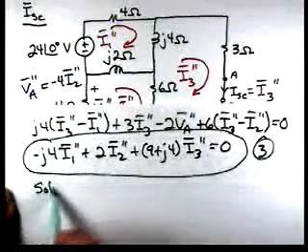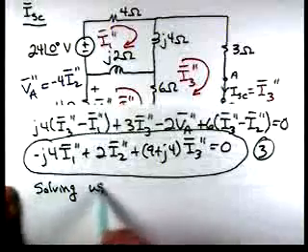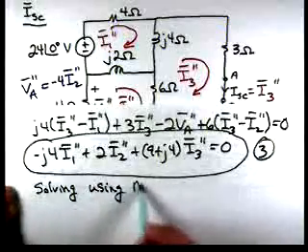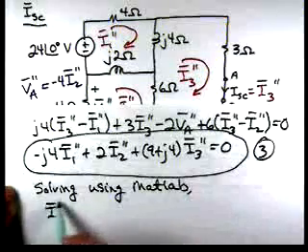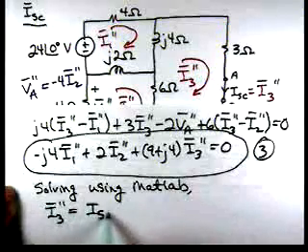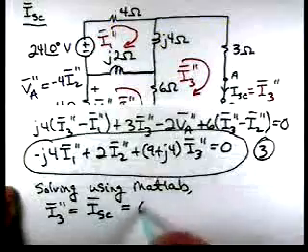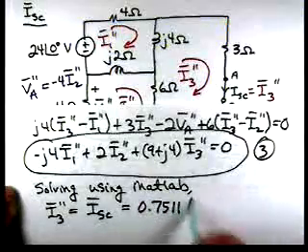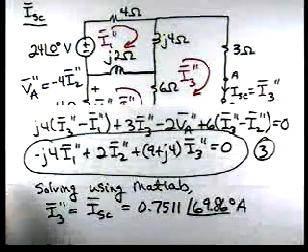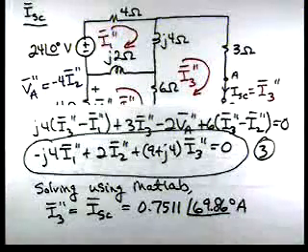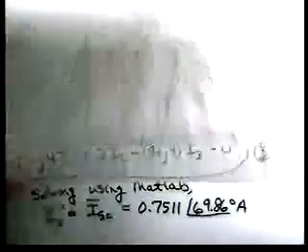So, solving using MATLAB, we get I3 double prime, which is equal to I short circuit, is 0.7511 at an angle of 69.86 degrees amps. So now we have I short circuit. Now we can calculate Z Thevenin.